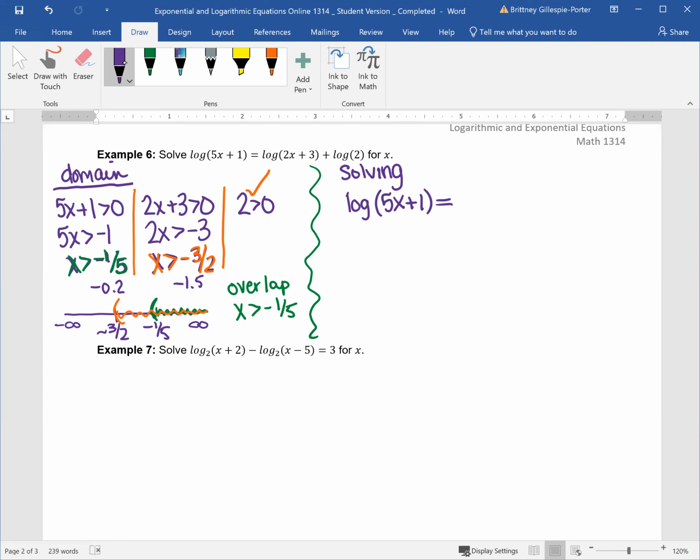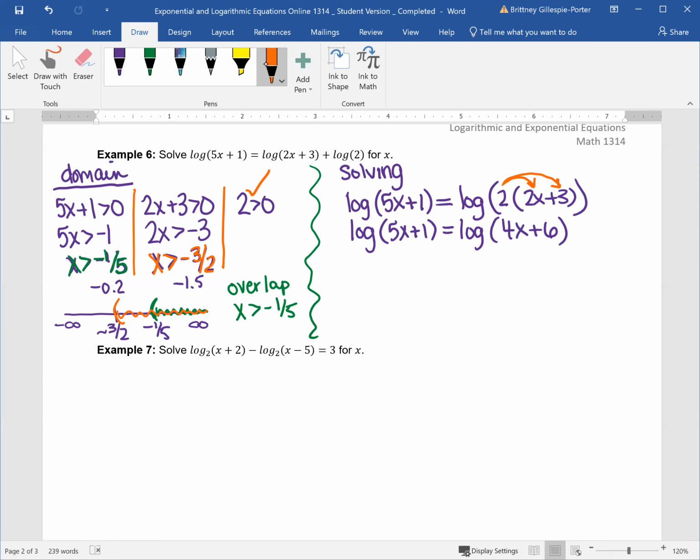So we are going to combine our 2 logs on the right-hand side by multiplication. So we're going to take 2 times 2x plus 3. We need to distribute that 2 all the way through that other parenthesis. The left-hand side of the equation is just along for the ride right now. On the right-hand side, we get log of 4x plus 6.